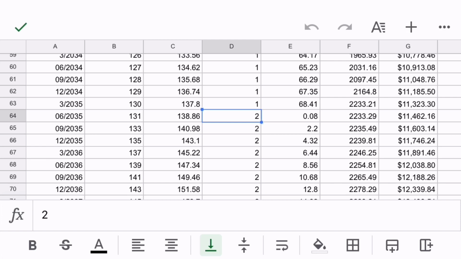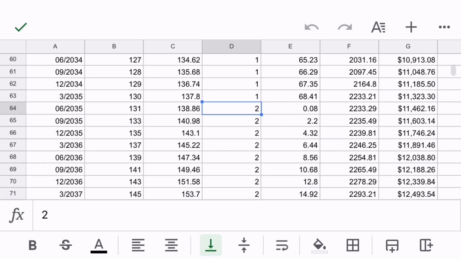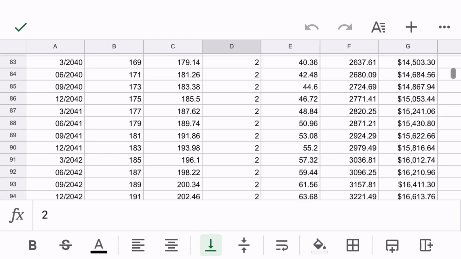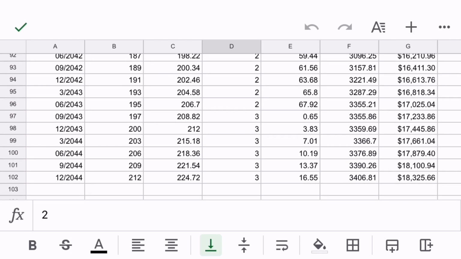So now for every payout, I'll get 2 new shares, and then eventually I'll get 3 shares. And you can see that I earn 3 shares a lot quicker than it took me to earn 2 shares, and that's because our investments are compounding. So it's going to be faster. And this example goes over the course of 22 years.